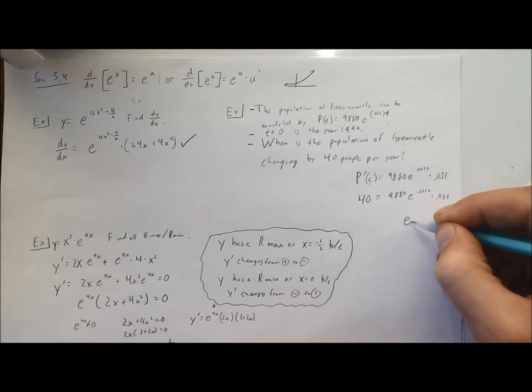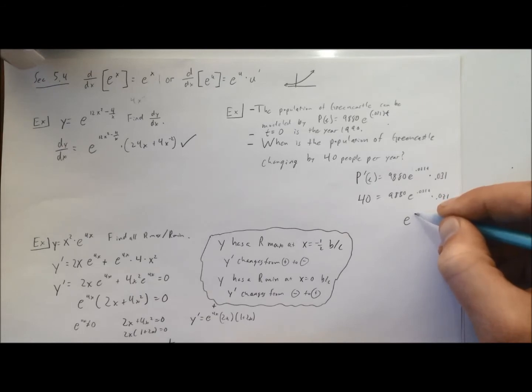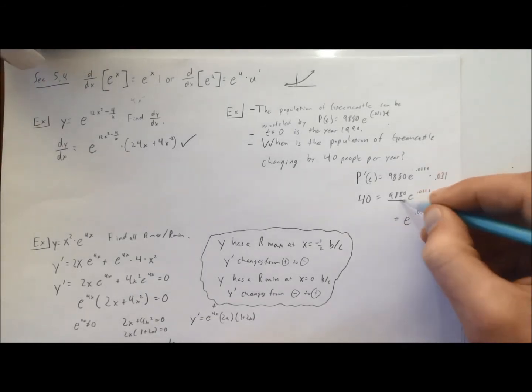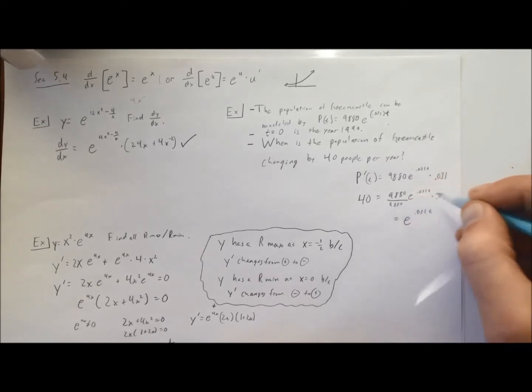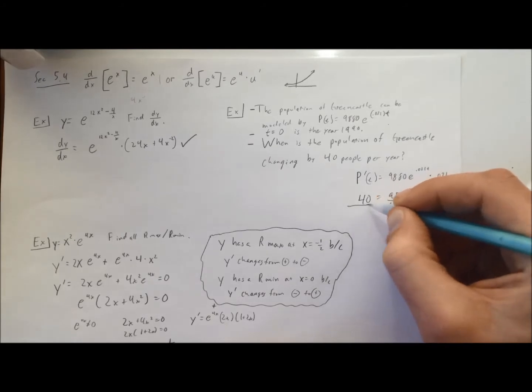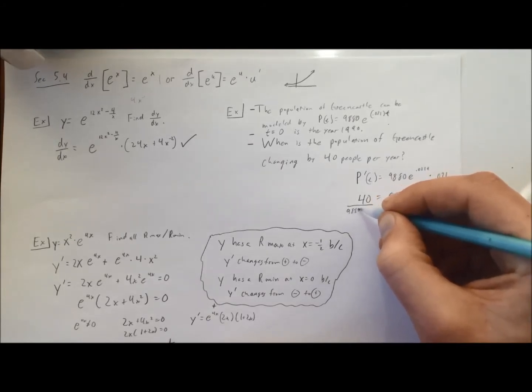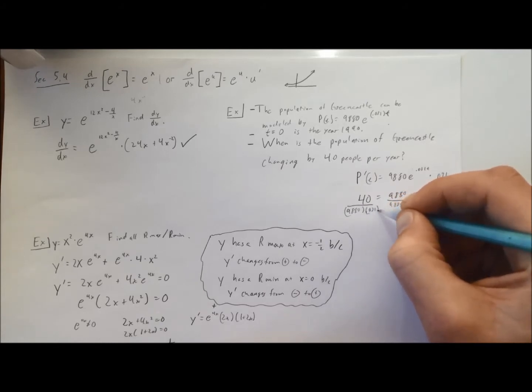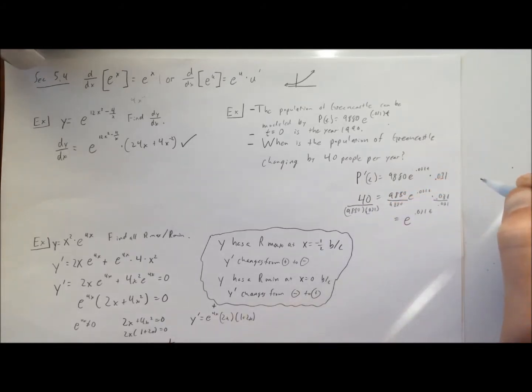So what we're really going to do here is take e to the 0.031 t and divide both sides by 9,880 and divide by 0.031. And I'm going to use my calculator and figure out when that's going to happen.